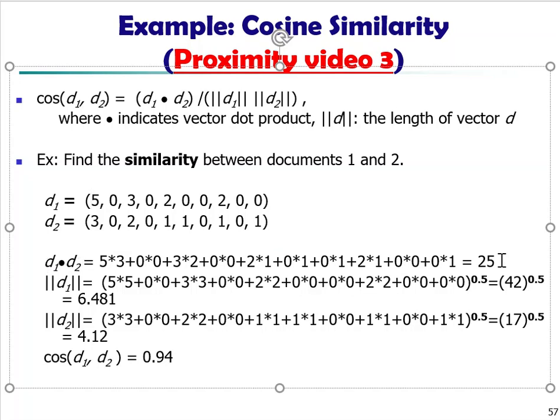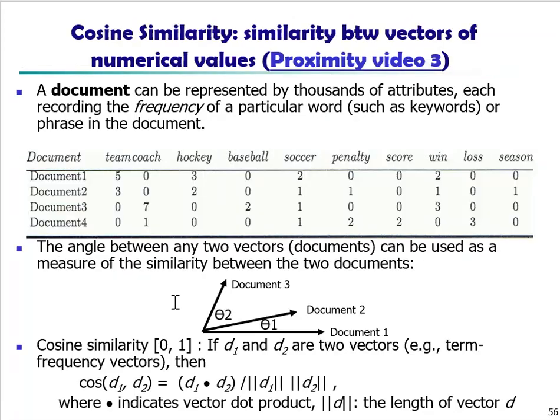It's a scalar value. The length of D1 is computed using the Euclidean distance formula, which is one special case of the Minkowski distance that we learned earlier. Here the length of a vector is its distance from the origin of the coordinate system. So here is 0, 0, 0, 0, 0, 0, 0. Whatever number of dimensions you have, that's how many zeros there are here.